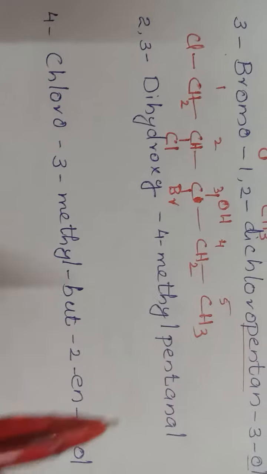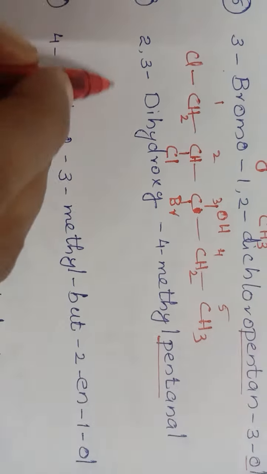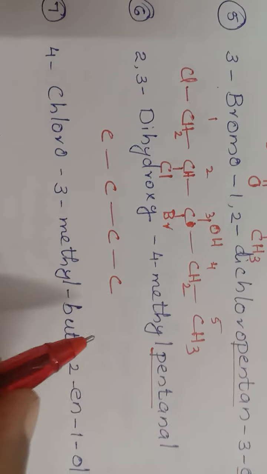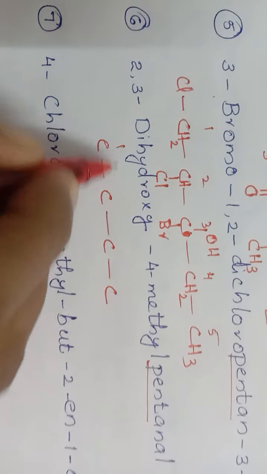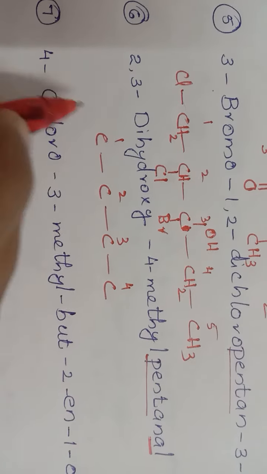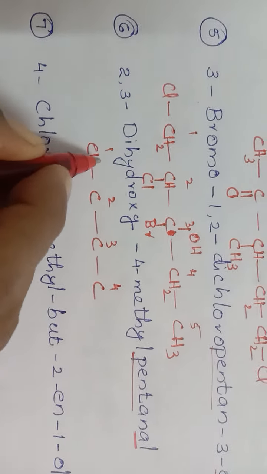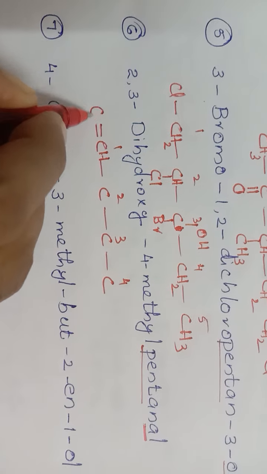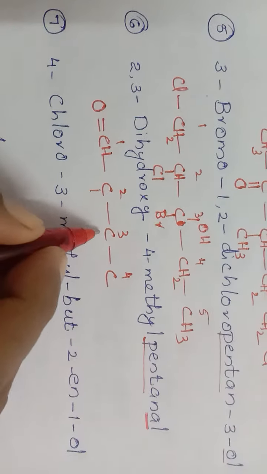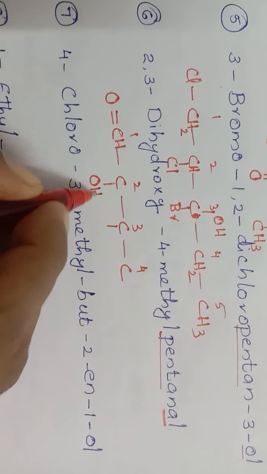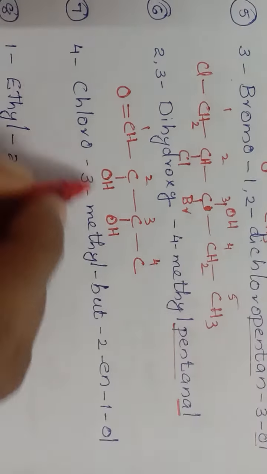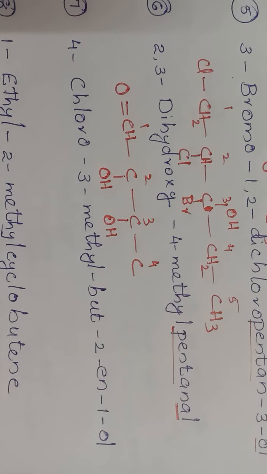2,3-dihydroxy 4-methyl pentanal. Again pent, pent is the word root. 5 carbon atoms, pentanal, and it is numbered 1, 2, 3, 4, 5. Al means it's an aldehyde. Where is the aldehyde carbon atom? Here. The first carbon atom itself is the aldehyde carbon. 2, 3. Second and third carbon atoms contain OH group, dihydroxy. Hydroxy group means OH functional group. 2 OH groups are present.